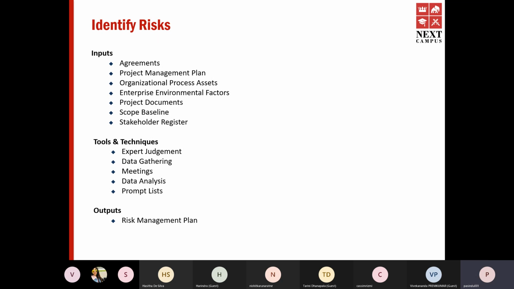When it comes to tools and techniques, you have expert judgment, data gathering, meetings, data analysis, and prompt list. What is a prompt list, guys?